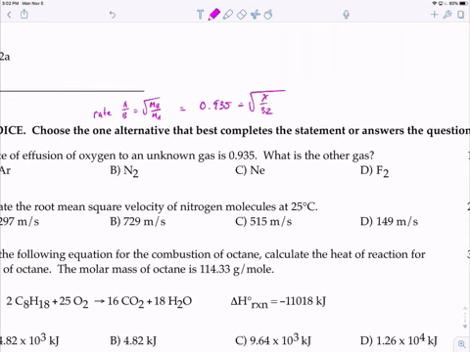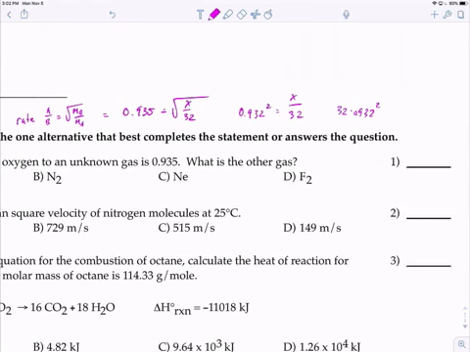So you can square both sides. 0.935 squared is the unknown over 32. And 32 times 0.935 squared equals this. I think it's 28 if I recall.